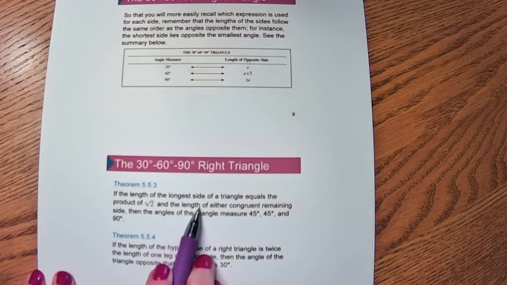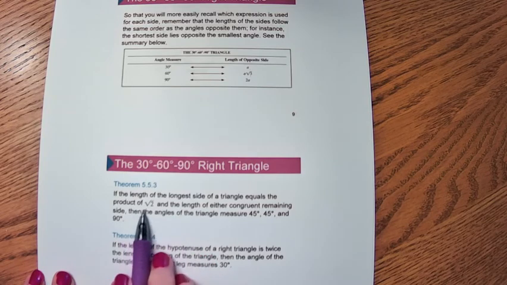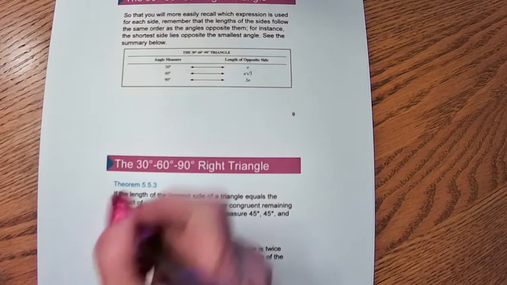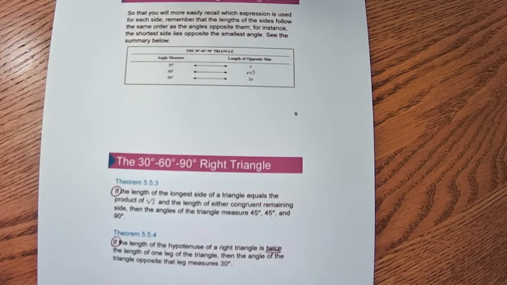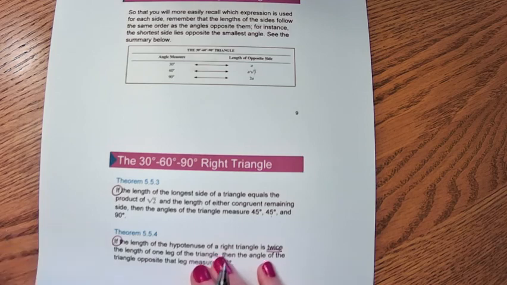And so, if the length of the longest side, which is the hypotenuse, is the square root of 2 times the leg length, then it must be a 45, 45, 90. If the length of the hypotenuse is 2 times the shortest leg, then the angle opposite that leg must be 30.